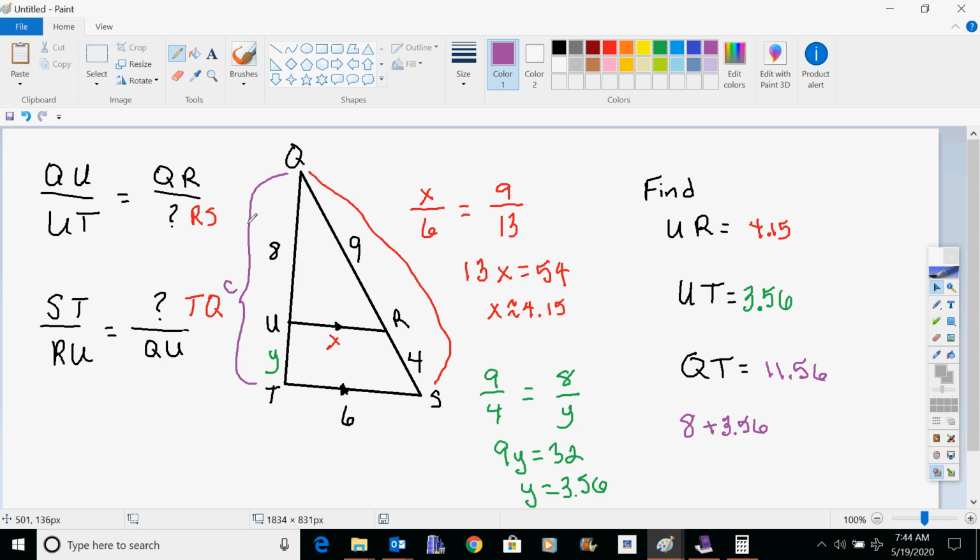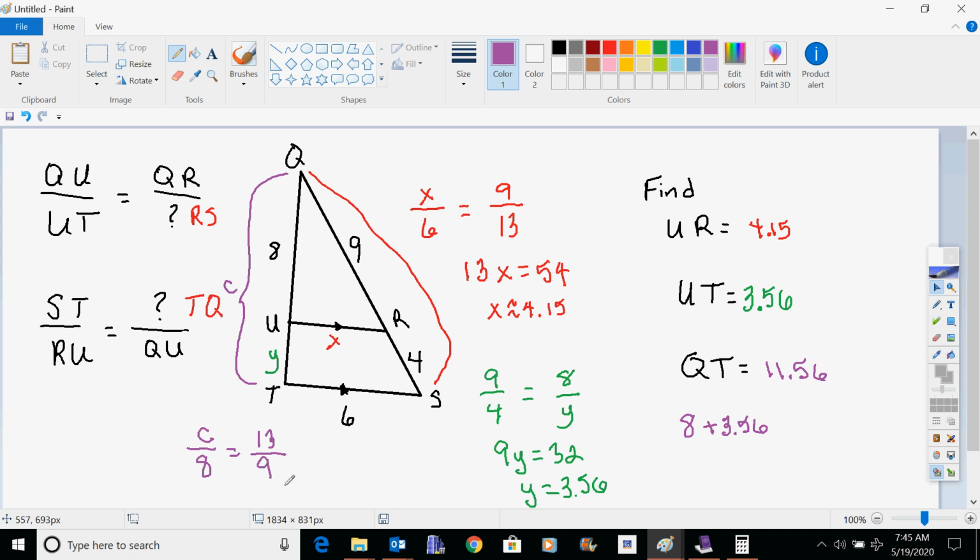If you wanted to, you could also do proportions. Okay, and you could do something like C in the big triangle goes with 8 in the little triangle, like 13 in the big triangle goes with 9 in the little triangle.